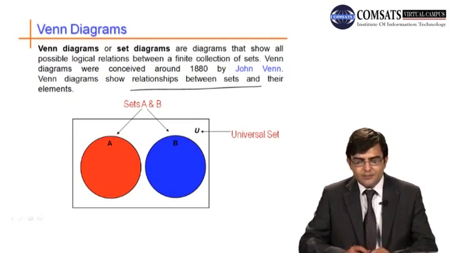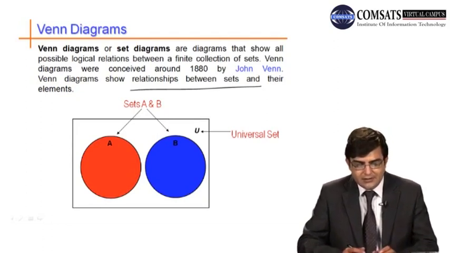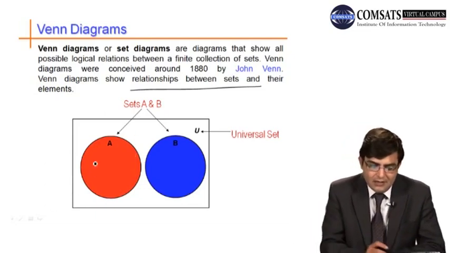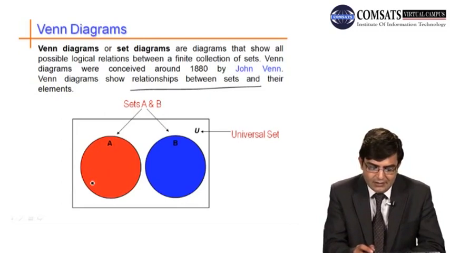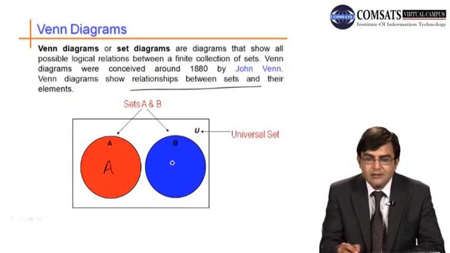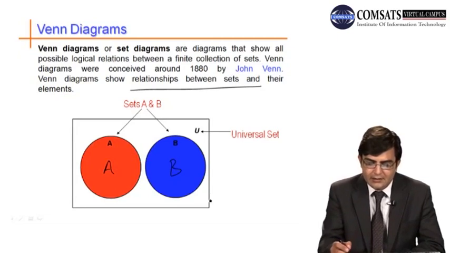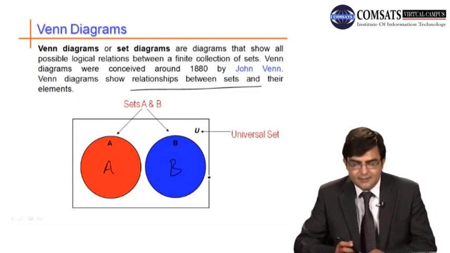So how do we construct such diagrams? For example, you are watching a diagram in which we have one circle which represents the set A, another blue circle which represents the set B, and a square which contains these two sets.